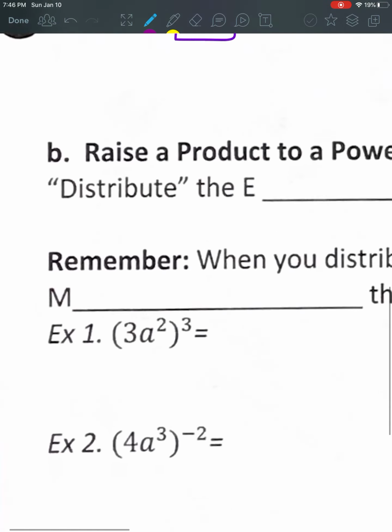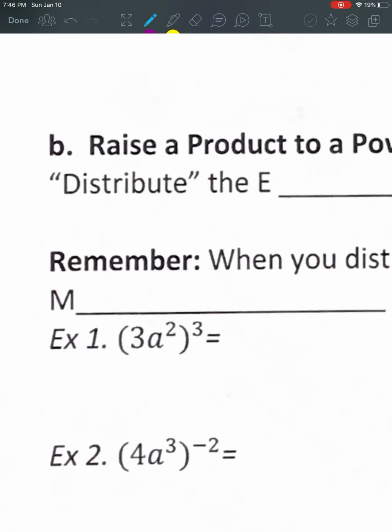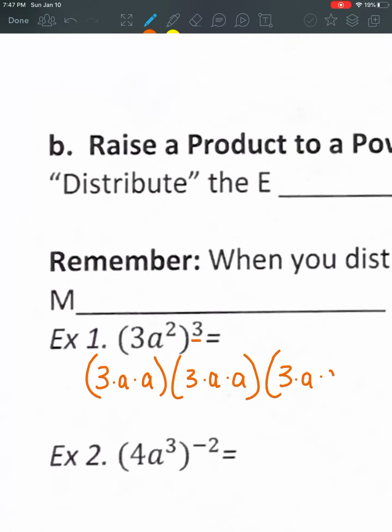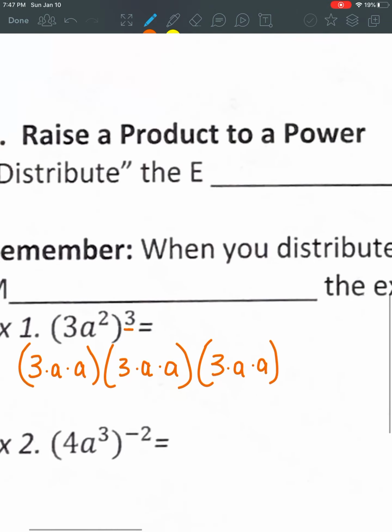Now, the second rule is where we have something in parentheses here. So again, think about if we expanded this out, 3a squared, that means 3 times a, and cubed means we would do that 3 times. So pay attention to what would happen here.